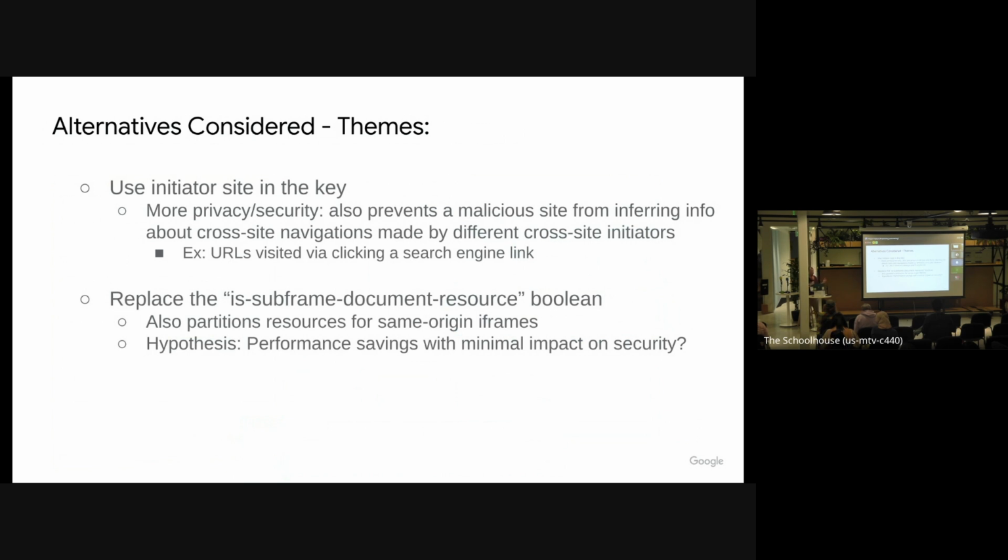Since we treat those the same, since we just use a Boolean of true for all cross-site navigations, we kind of have the privacy trade-off there. If we instead incorporate the initiator site, the full site, into the key, then it prevents that type of attack, but also means there's less reuse of caching, and in theory, there could be performance issues.